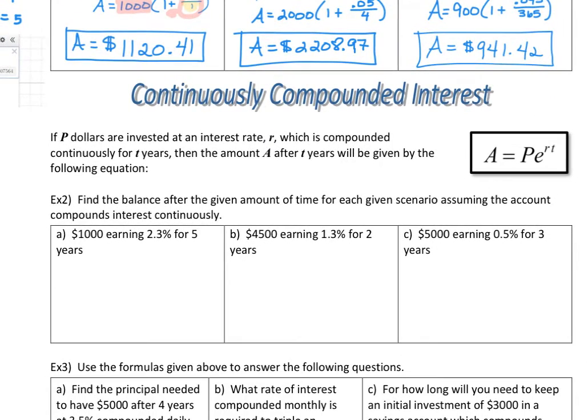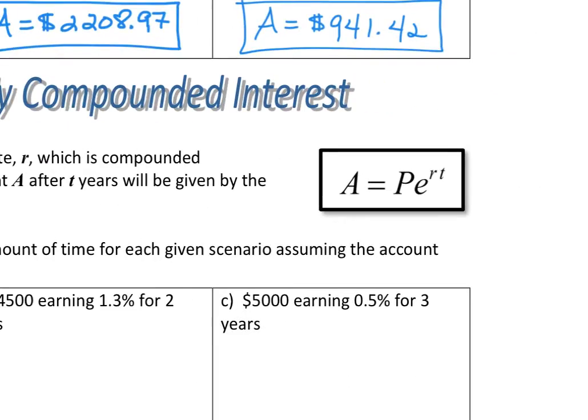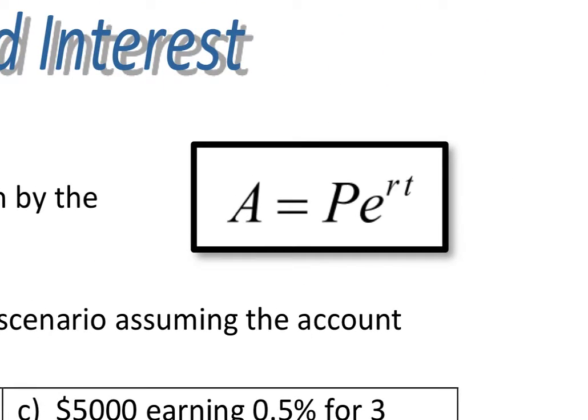And so they call that continuously compounded interest. In fact, this equation is easier to work with than the not continuous interest, because the e takes the place of the 1 plus fraction. So you see you have the same idea of the rate times the time.